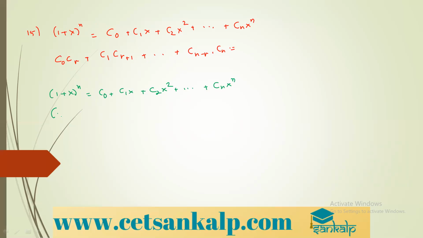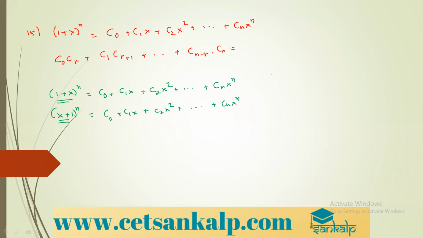If I change 1+x as x+1, then (x+1)^n, I can write the same answer, because addition is commutative. 1+x is same as x+1. So I can write the same: C0, C1x, C2x², Cn x^n.